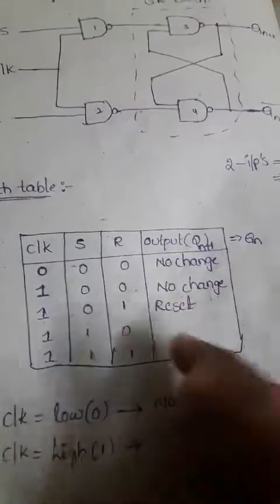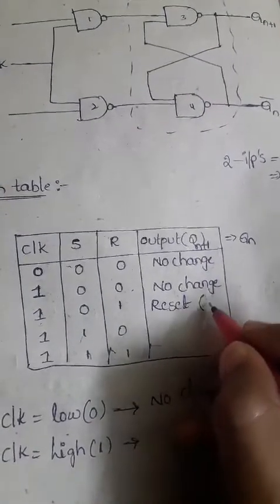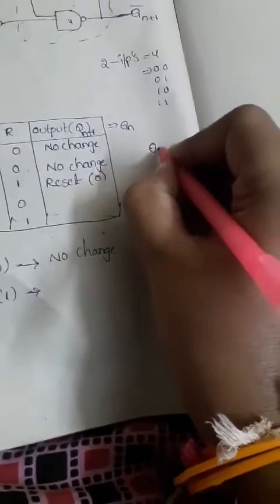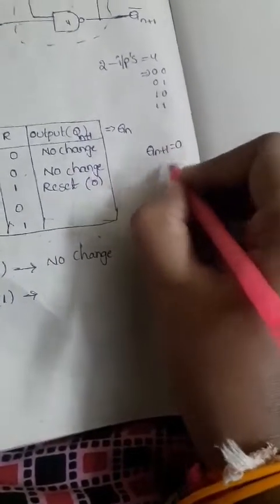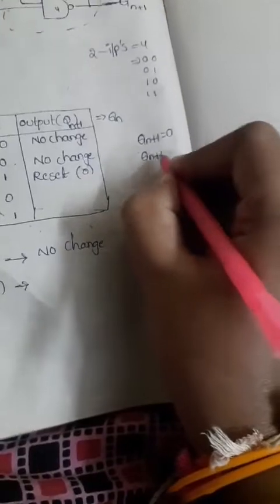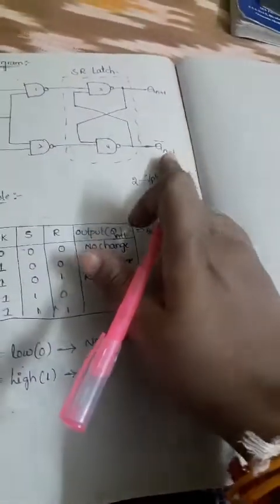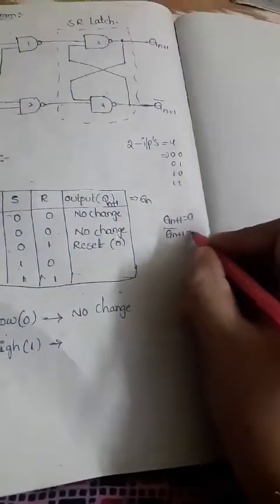So the reset output in binary is 0. So the Qn plus 1 value we are getting in reset position is 0. What about the Qn plus 1 complement? Exactly opposite to this one, that is nothing but 1.